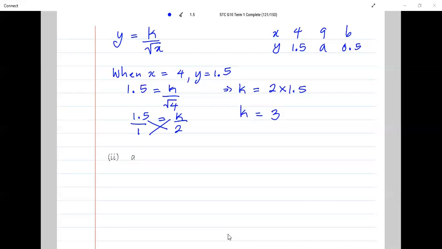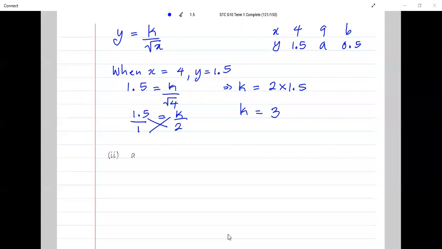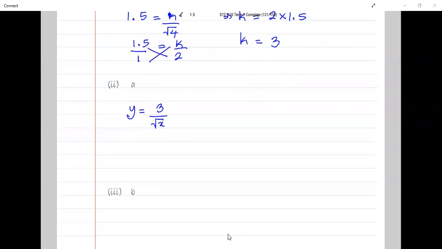Good. Now we need to find A. So to find A, we must rewrite the equation. The equation is y is equal to k, which is 3, over the square root of x. So when x is equal to 9, y is equal to a.